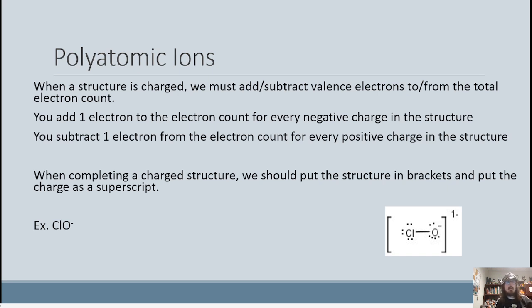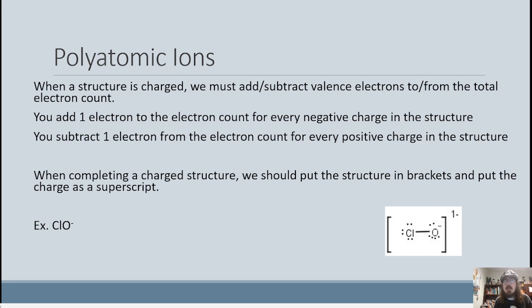So all that assumes uncharged. We're neutral. Well, what happens when we start to get charged ions, such as polyatomics? If we draw a polyatomic ion, how do we imagine that? Polyatomics are charged, but they are made up of a series of covalent bonds.